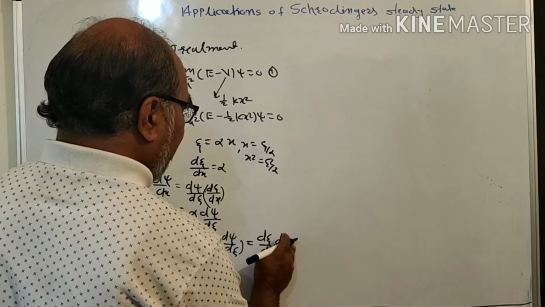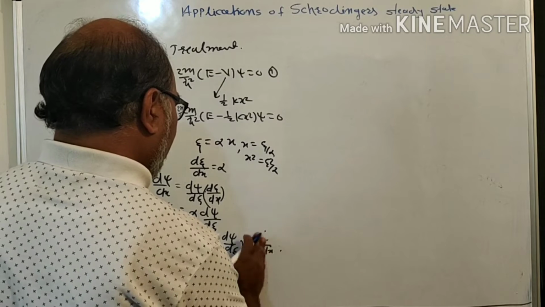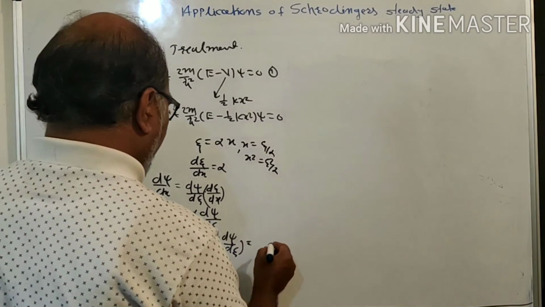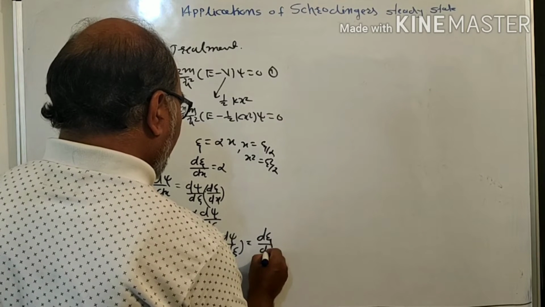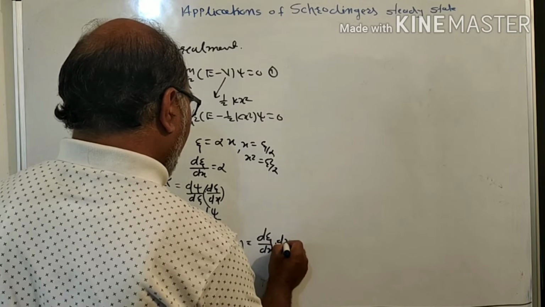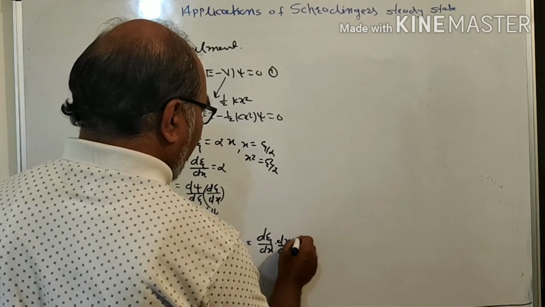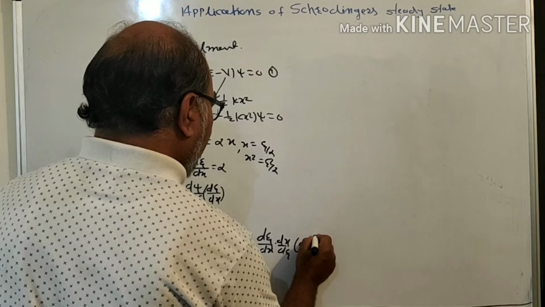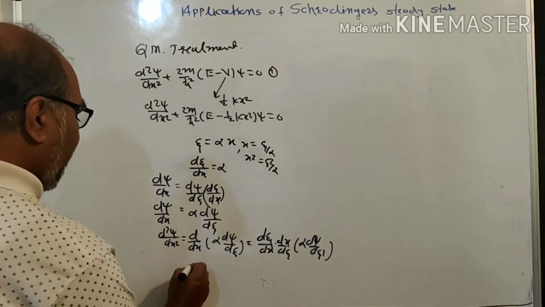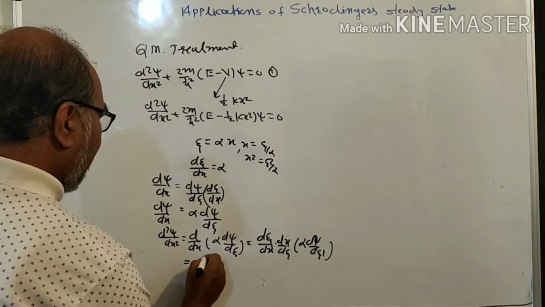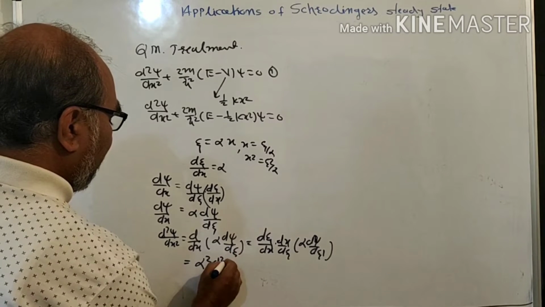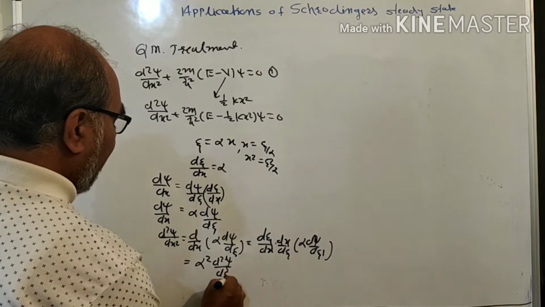d/dζ of α dψ/dζ. After solving this we get α² d²ψ/dζ².